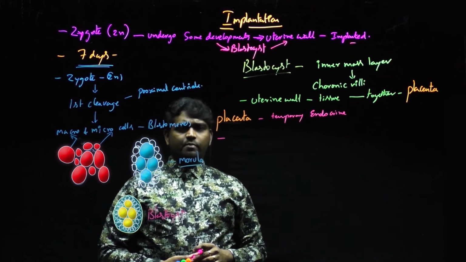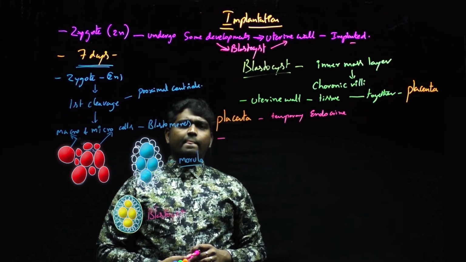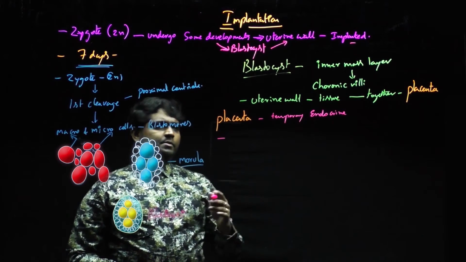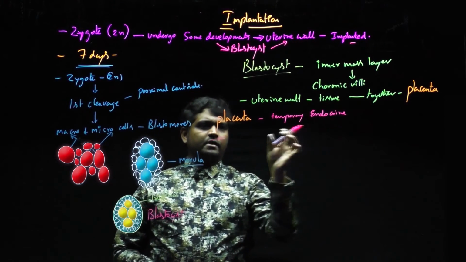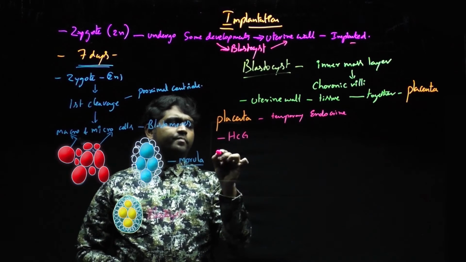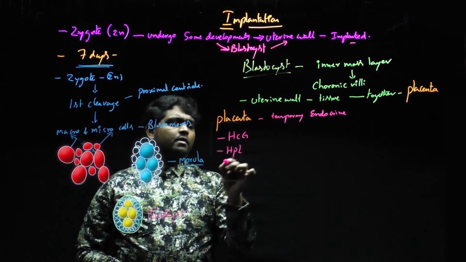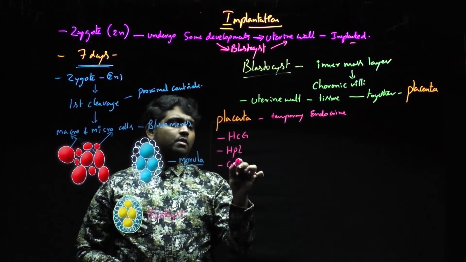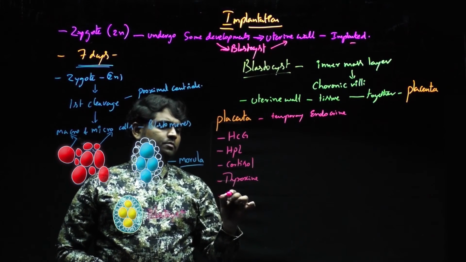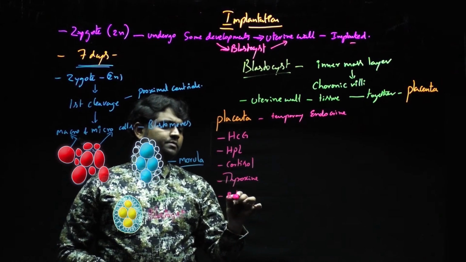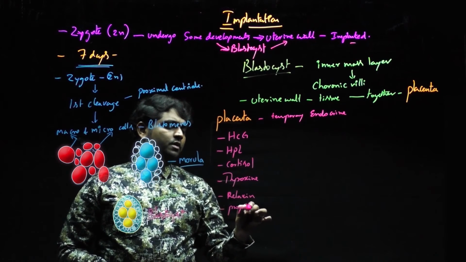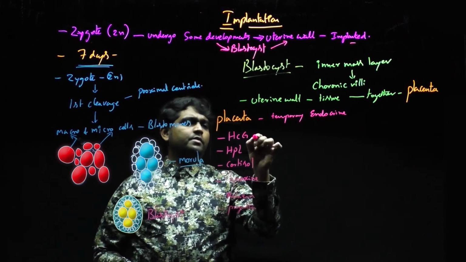One is the corpus luteum, which we already discussed in the menstrual cycle. The second one is the placenta. It releases hormones like HCG, HPL, cortisol, thyroxine, relaxin and progesterone, and so on.